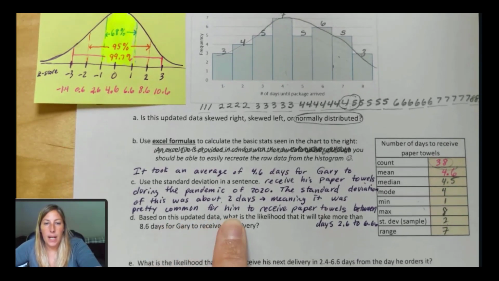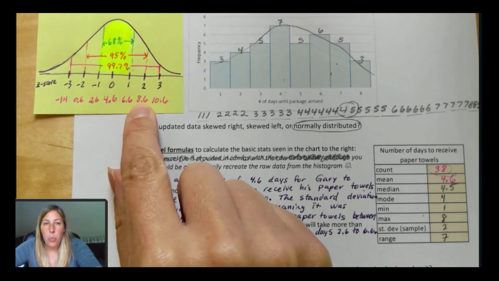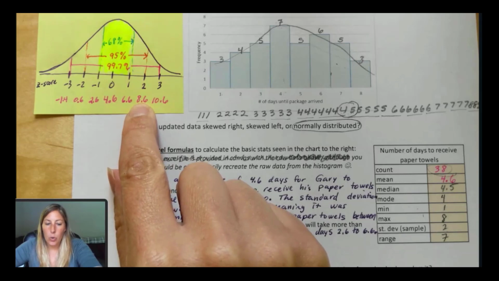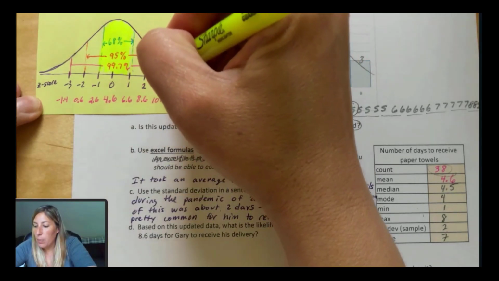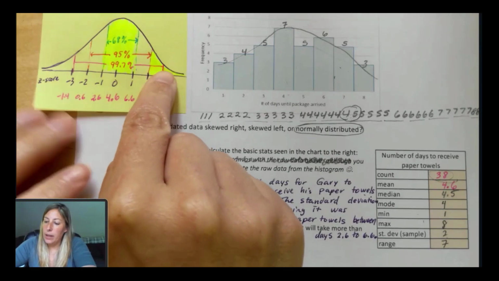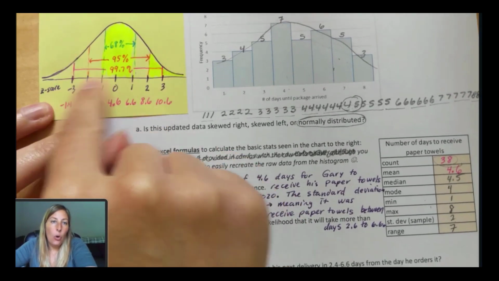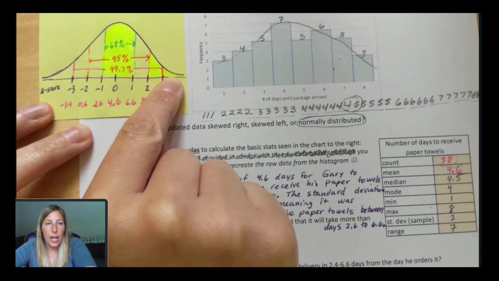Based on this data, what is the likelihood that it's going to take more than 8.6 days for Gary to receive his delivery? Well, 8.6 falls right here. So we want to find the area under the curve for just this part above 8.6. What we know is the whole area under the curve, you kind of have to think of it as a picture, is 100%.